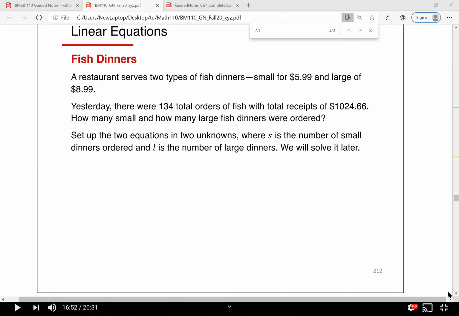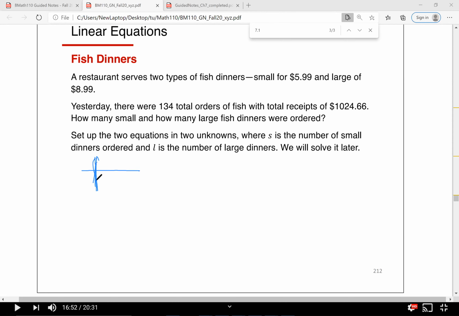So I will come back and show you how to set up a table first, and then later on you're going to have a system of equations more easily. So firstly, we're going to have a table.